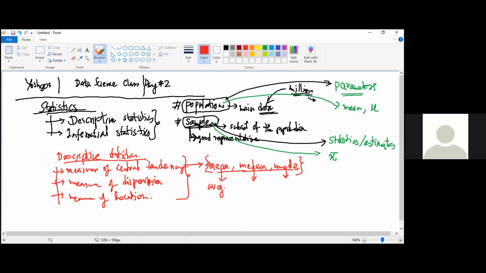So in general, mean means a number that describes the average value. The second measure of central tendency is median, and median refers to the middle value.